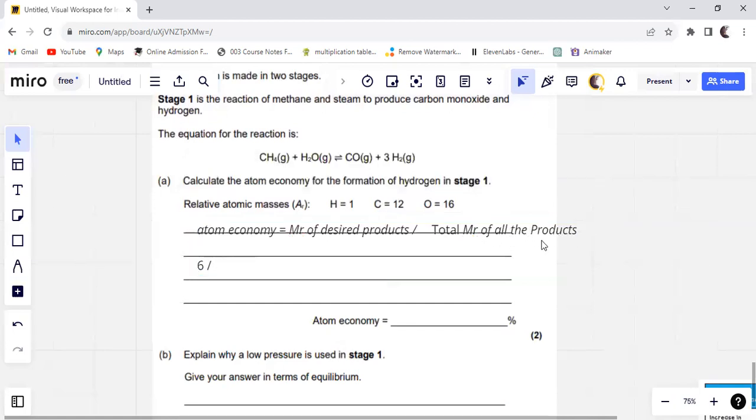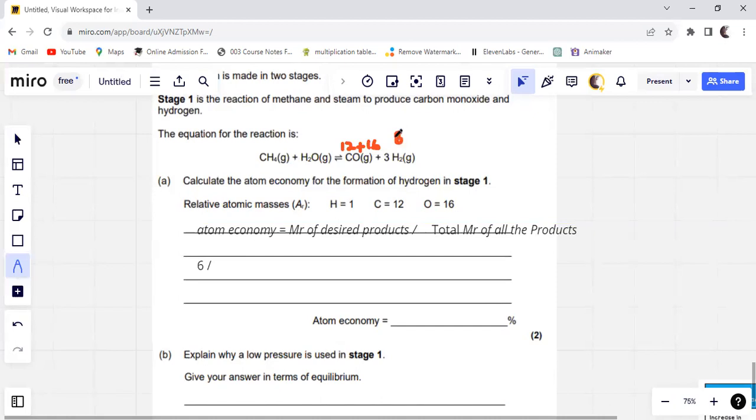the total MR of all the products. You can see over here we have got carbon monoxide. For carbon the atomic mass is 12, plus oxygen 16, and for the 3 hydrogen molecules we have got 6.